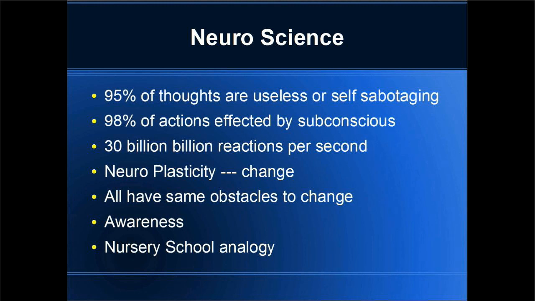Now, all of us have obstacles to change, obviously, not only in our trading life, but in our real life. The first step is awareness. You have to understand that your brain has different parts, and that they're not all going to work together.